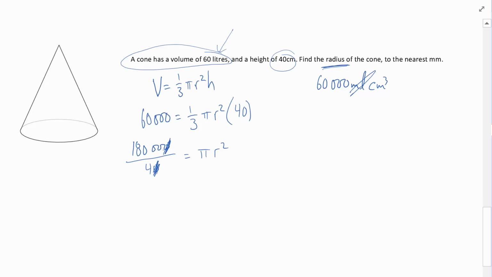Of course, when I've got a 0 and a 0 at the end, those can cancel out. That's now 18,000 divided by 4, which is 4,500 equals pi r squared. Well, let's divide both sides by pi. 4,500 over pi equals r squared. Now I better grab my calculator.